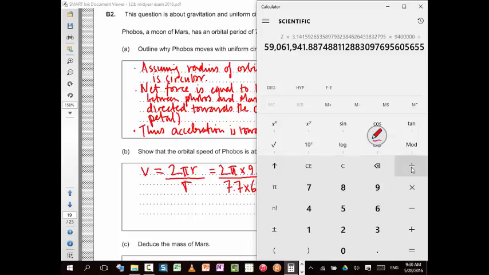And then we're going to divide that by 7.7 times 60 times 60, close bracket, equals 2,130.